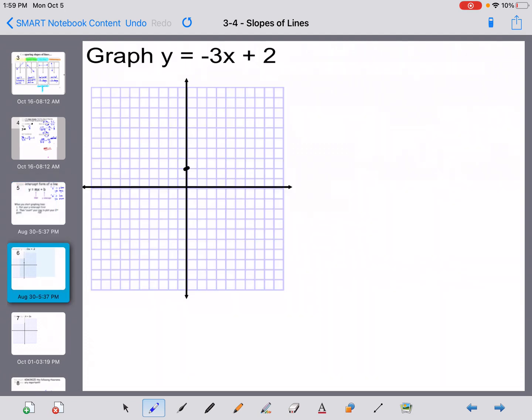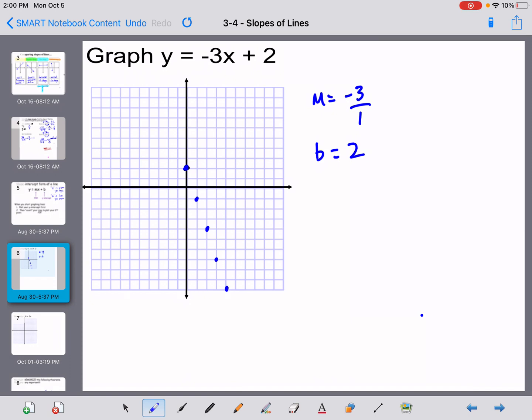So if I want to graph, first of all, my slope is -3/1 and my y-intercept is at 2. So you would go to 2 on your graph and you would go down 3 and over 1. So 1, 2, 3, over 1, and repeat.